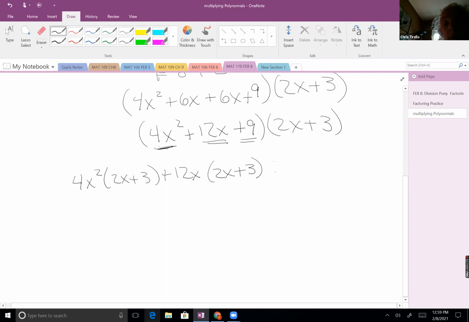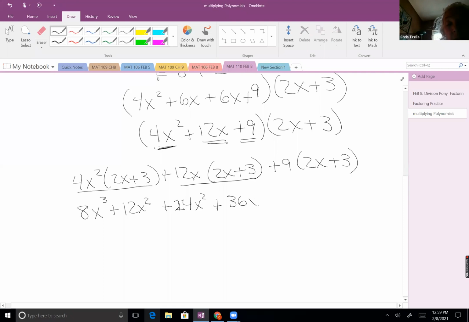And we have to take the positive 9 and multiply it by the 2x plus 3. Distributing here, this is where you were right. We get that 8x cubed, but then we also have to add a 12x squared. And then from here, we have to add 24x squared and a 36x.